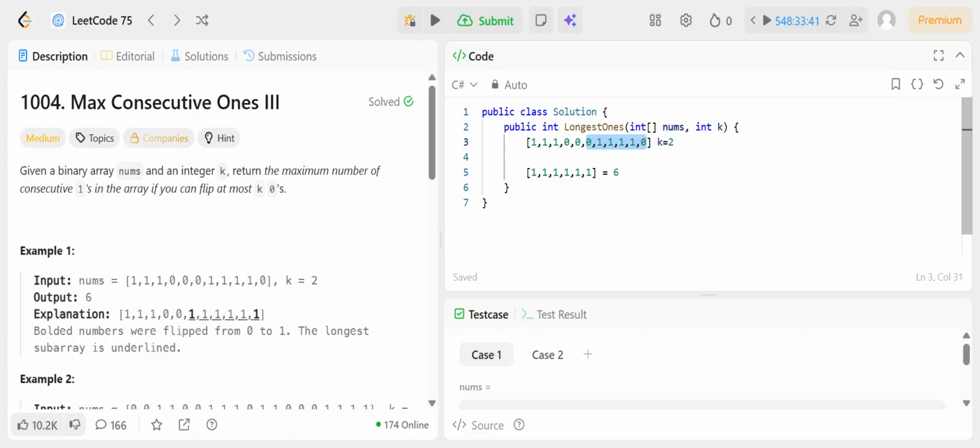But programmatically we can solve it by using a sliding window. But the sliding window here is not a fixed window as we saw in our previous cases, it's a variable window. So what is meant by a variable window? Here we have left and right at some positions, and let's say this is a window.